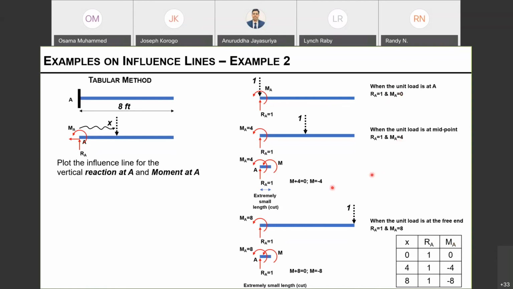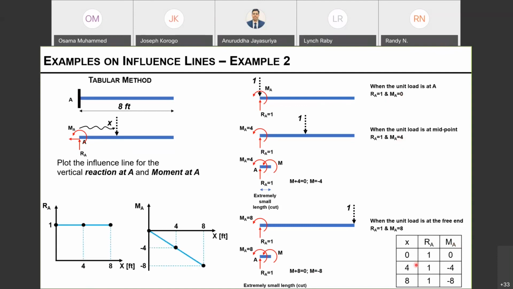Sorry, this should be minus. This is the reaction, and this is the internal. So this should be -4, and this should be -8. And since we know the data points, we will be able to get the influence line. This diagram shows you the influence line.